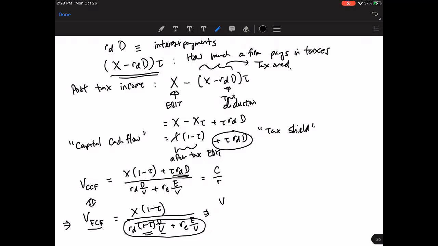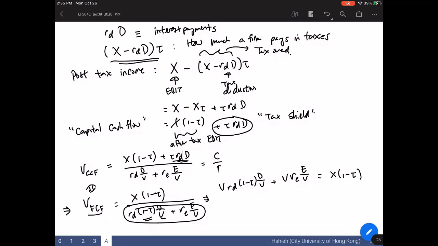So V times RD 1 minus tau D over V plus V times RE E over V, and that's going to equal X1 minus tau. Okay, let's multiply it all out.